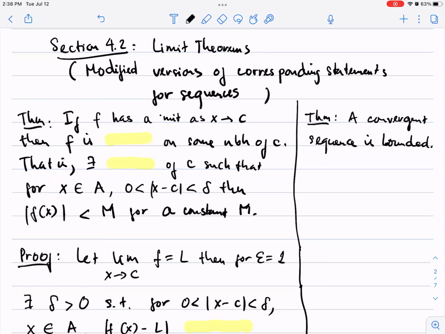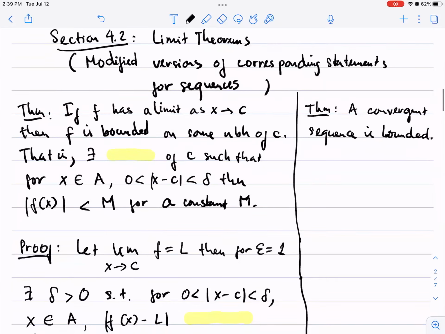Recall that a convergent sequence is bounded. So for a function, we have the following result. If f has a limit at x approaching c, then f is bounded on some neighborhood of c.